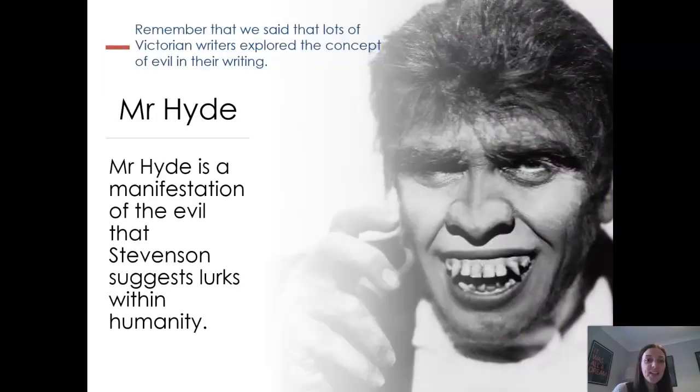So, I said previously that Victorian writers really explored the ideas and the concept of what evil means in their writing. So Mr. Hyde in the story is a manifestation of the evil that Stevenson, the writer, suggests lurks within humanity.